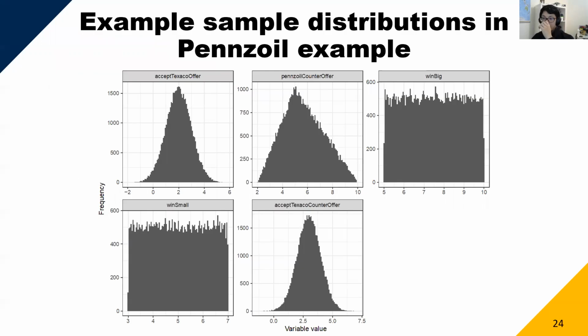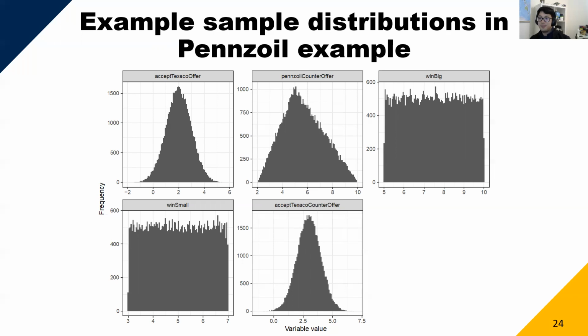So going back to our original example of the decision tree for this lawsuit, I can take those same 5 variables that we were looking at in our one-way sensitivity, and let's say I just apply a couple of different distributions to them. You can see what they look like here. Except for the Texaco offer, this is a normal distribution. The Benzel counteroffer value is a triangular distribution.